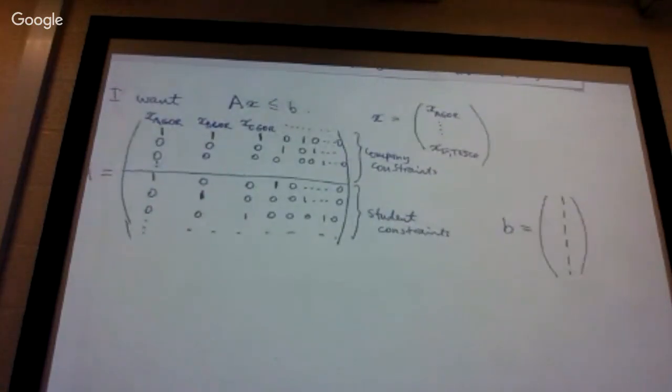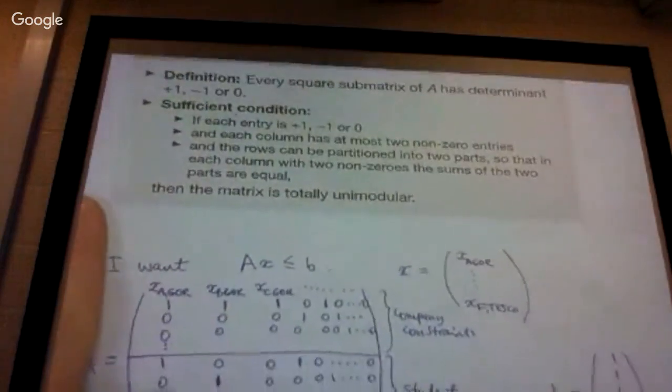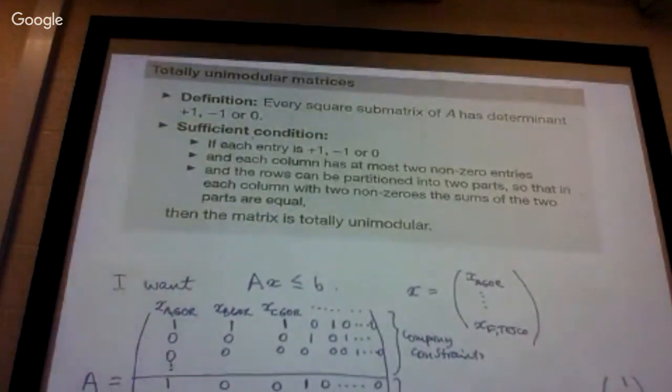Okay, and this matrix A has a special property. There is a class of matrices in maths that are called totally unimodular matrices.